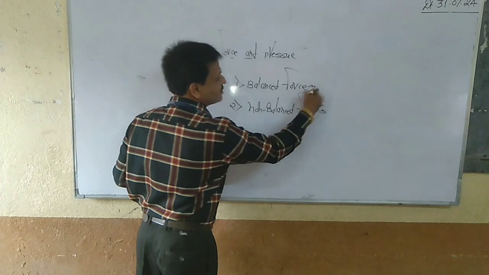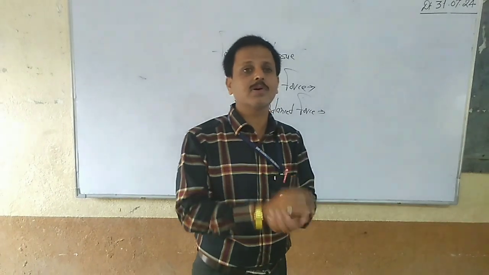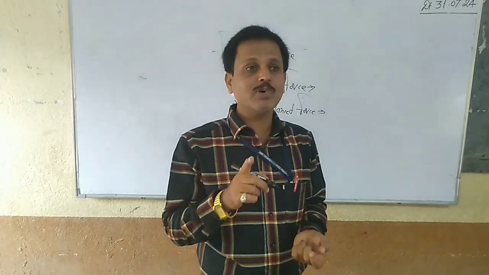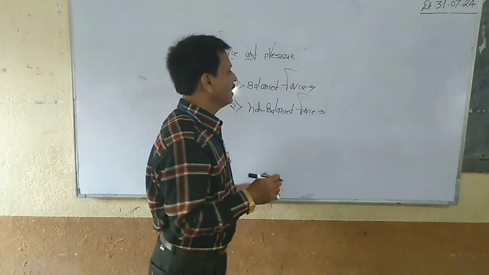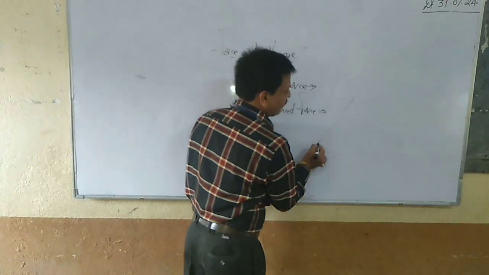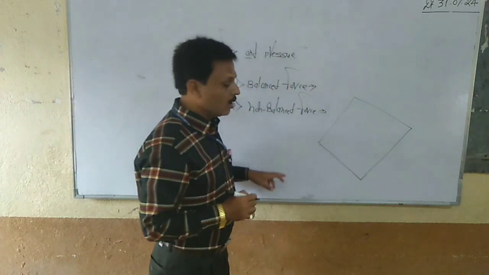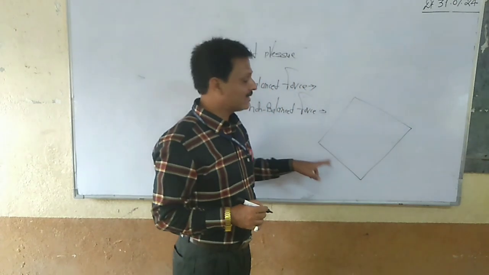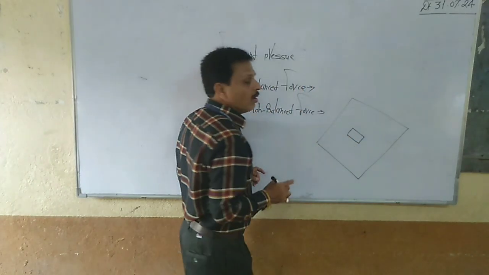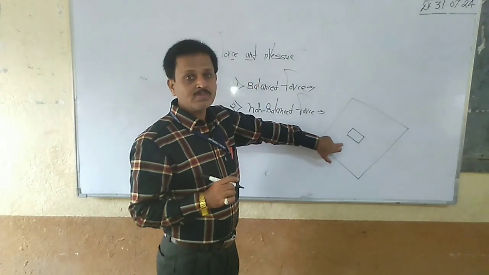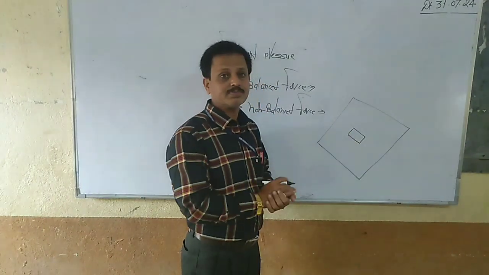Sir, what is a balanced force? Your text gives four different examples of balanced force. Suppose I draw a simple table with four columns. Then I hold one cardboard sheet, a matchbox, or anything made of card, and keep a rectangular box at the center.